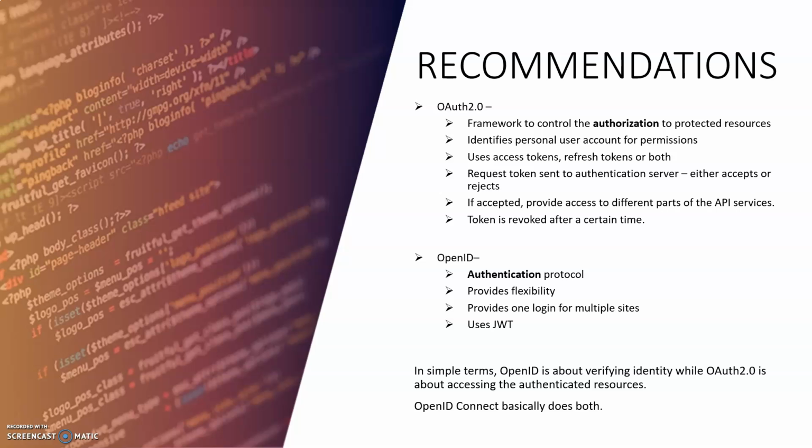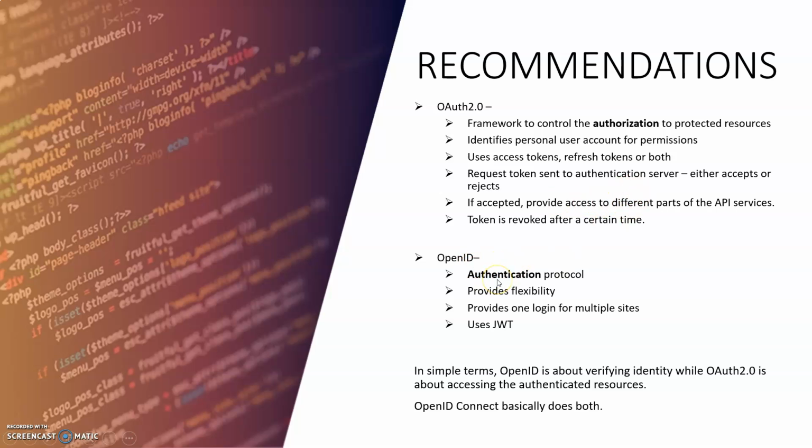This basically identifies the personal account of the user to provide permissions. They normally provide some kind of access tokens which are forwarded to the authentication server, and if the authentication server accepts, the authorization is provided, and the user can access the resources attributed to him.